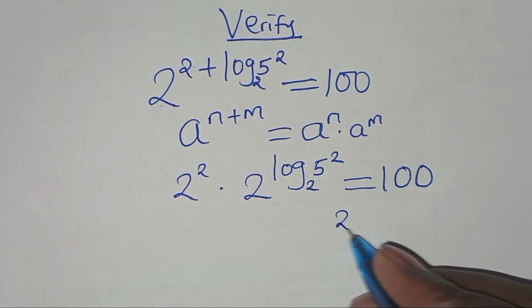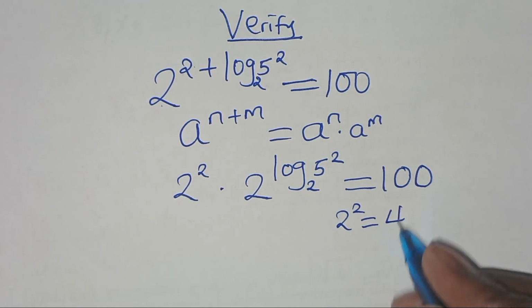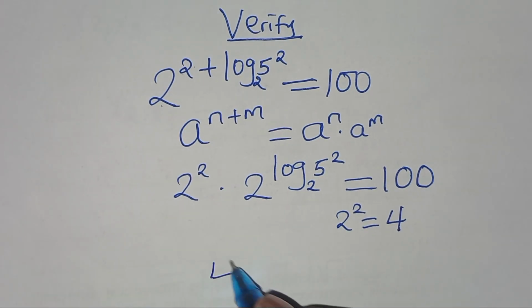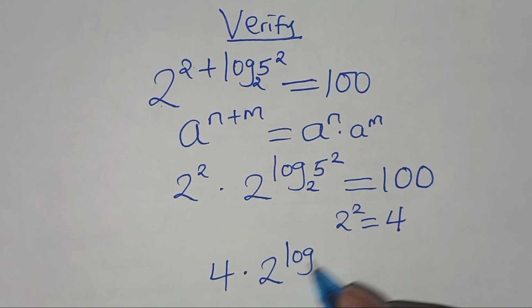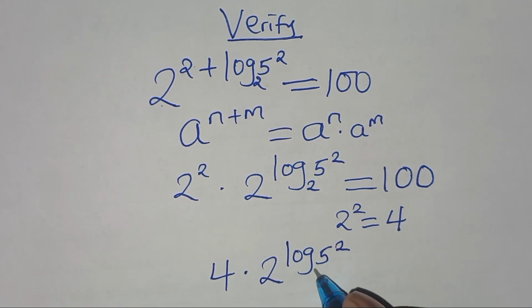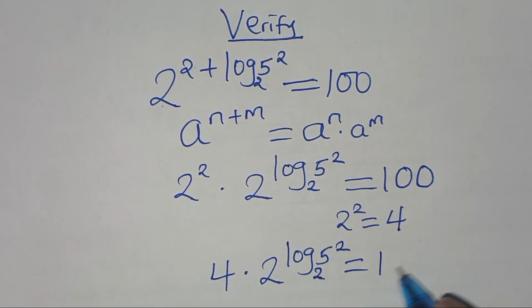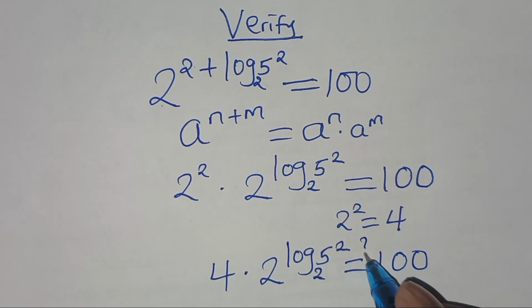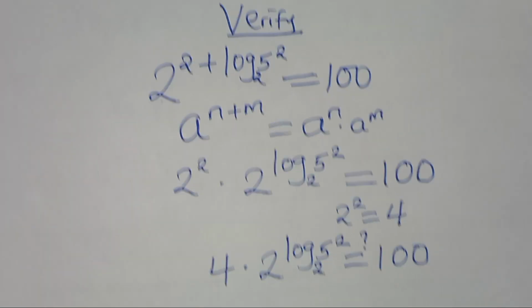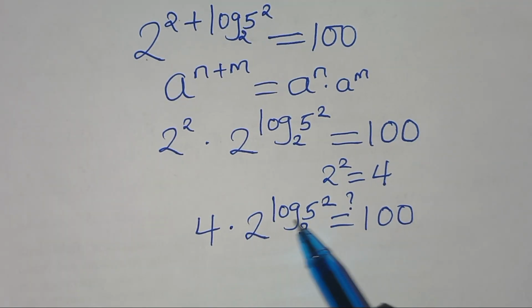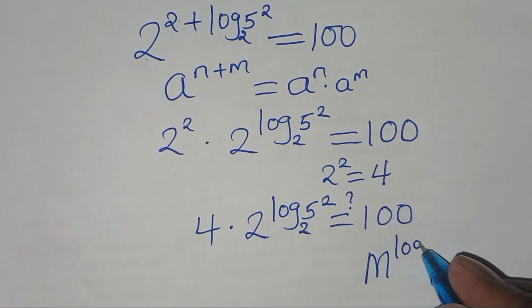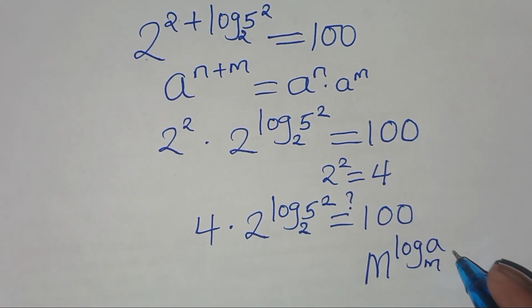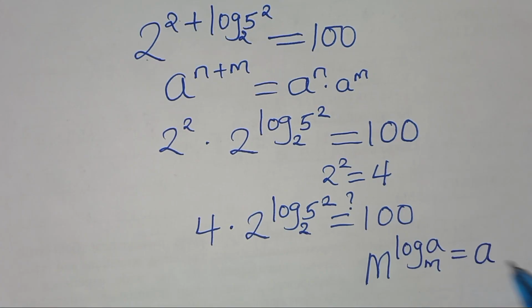So 2 squared is the same thing as 4. So we have 4 times 2 to power log 5 squared to base 2. This is supposed to give us a value of 100. Now you find that 2 to power log 5 squared to base 2 is in the form of m to power log a to base m, which is supposed to be equal to a.